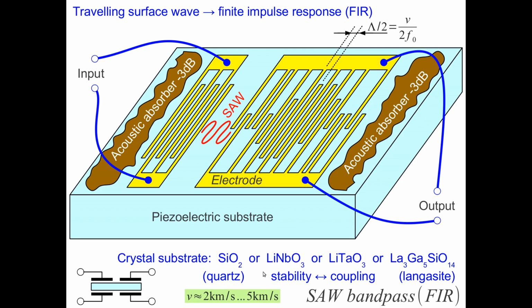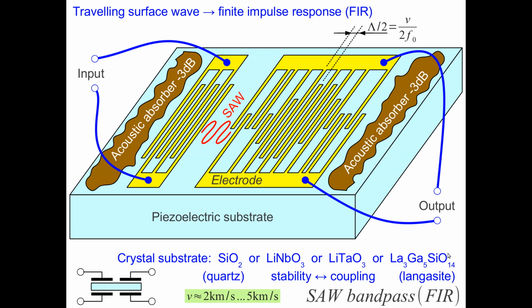As a substrate, we can use quartz here. Quartz has the highest stability but the lowest piezoelectric coefficients. We can use lithium niobate. This is very popular in mobile phones. We can use lithium tantalate that has an even stronger coupling.